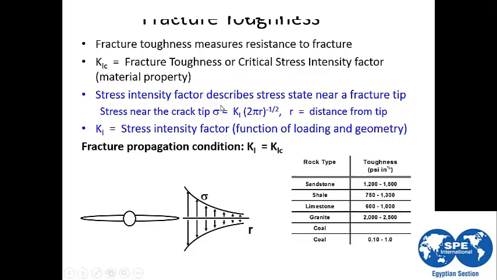So this term will affect the design. We can measure this term from the net pressure, and this will be discussed later. During the fracture design phase, this term will be included inside the net pressure value. And we can see from this term here, R is the distance between the start and the end.